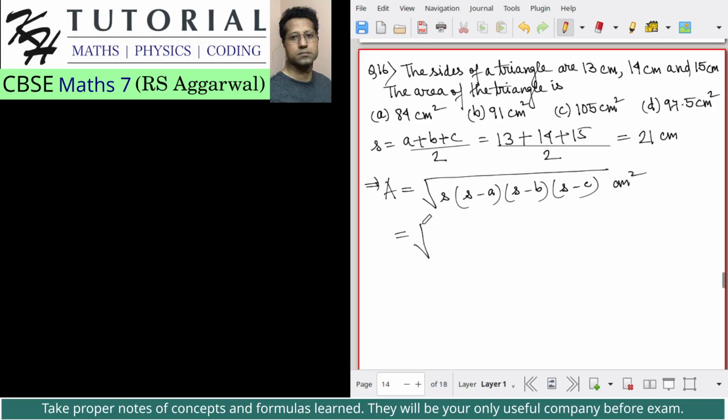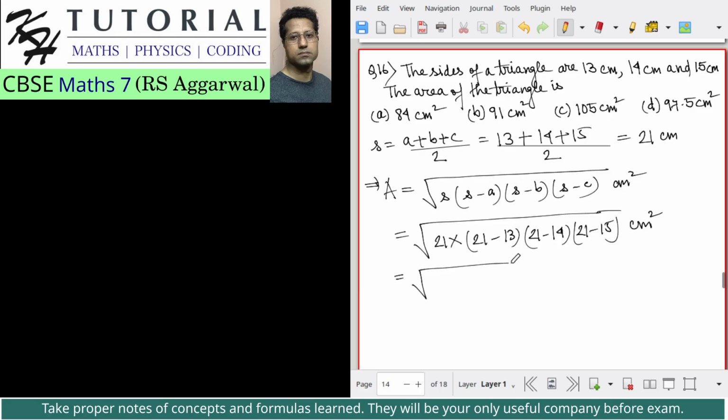This is equal to the square root of s is 21 multiplied by (21 minus 13) multiplied by (21 minus 14) multiplied by (21 minus 15) centimeter square. So this is equal to the square root of 21 multiplied by 8 multiplied by 7 multiplied by 6.